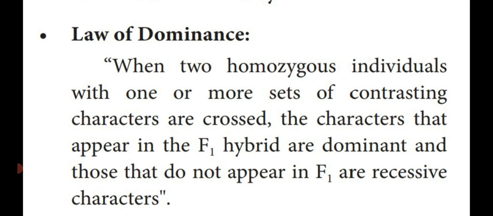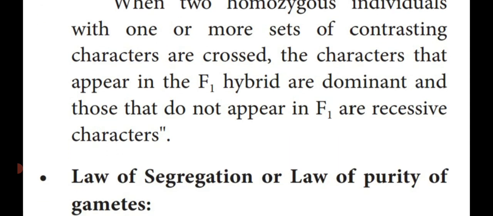So one of the parents is crossed with another one or two contrasting characters of parental one. Then F1 generations are dominant. At the same time, the recessive traits or characters do not appear in the F1 generation. That is known as law of dominance.